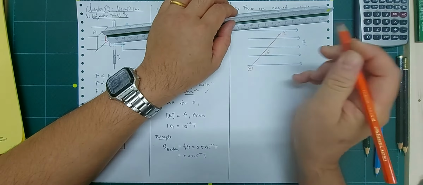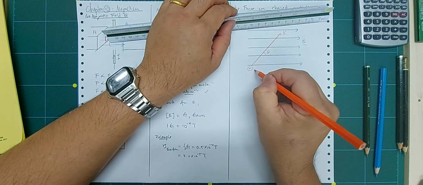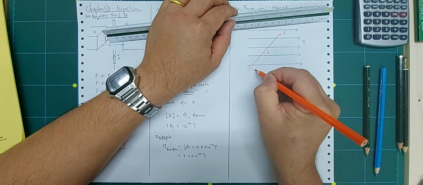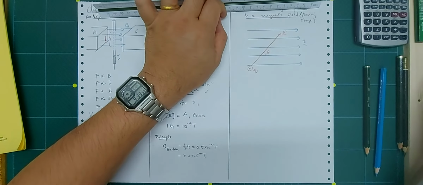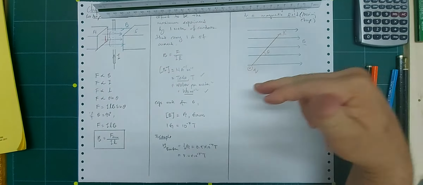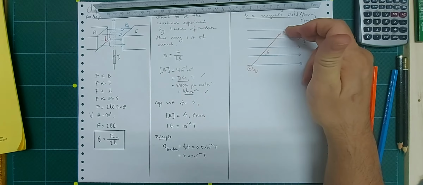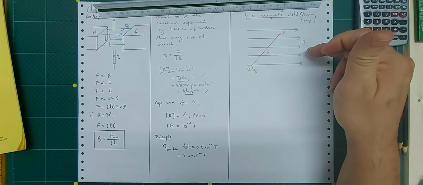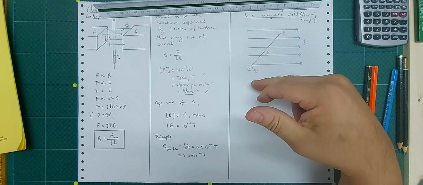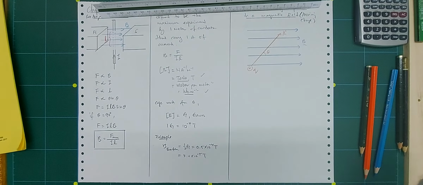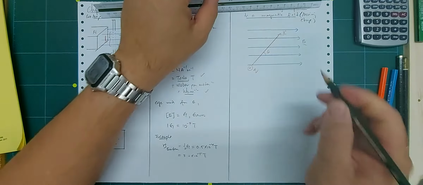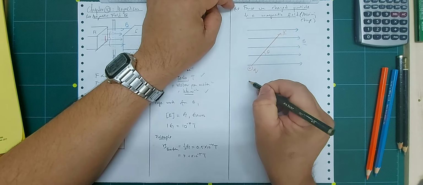See or not? The charge we assume is a positive charge, and it has a value of Q. So a charge moving with velocity V inside a magnetic field B, and it has a charge of Q. Now the force experienced by this charged particle is given by this.